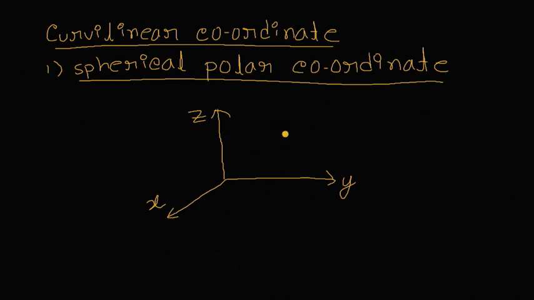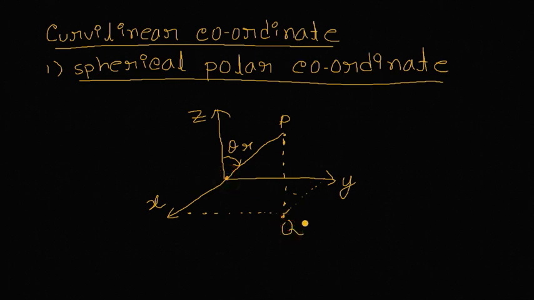Now let's take a point P. The point P is at a distance r from the origin, and this straight line makes an angle theta with the z axis, and the perpendicular from this point on the xy plane is called PQ.